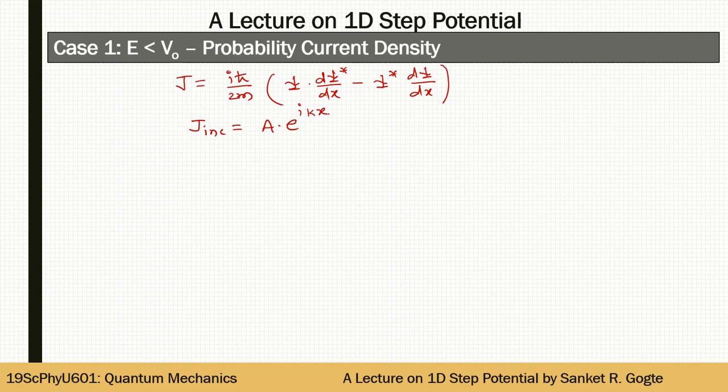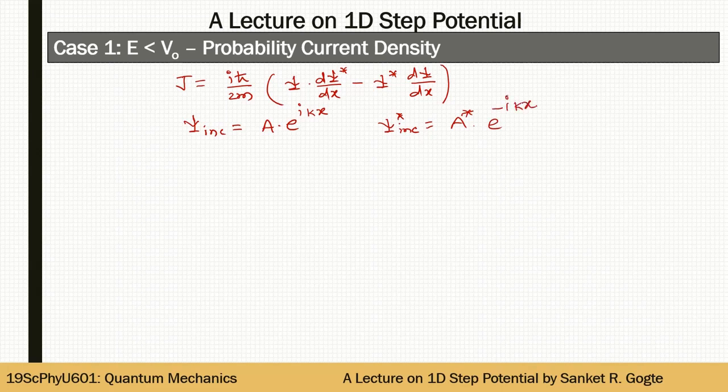Psi star, the complex conjugate of this wave function, is A star, considering that A in general is a complex number, so I have to take its complex conjugate, into e to the power minus i kx.